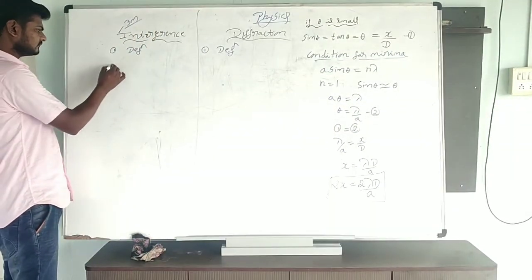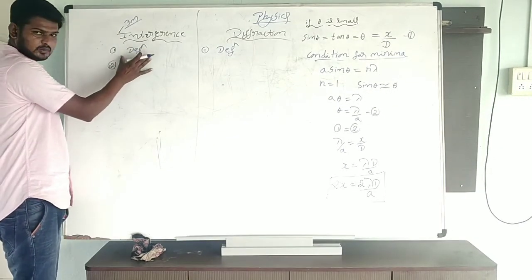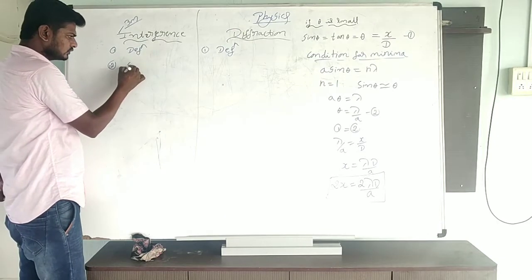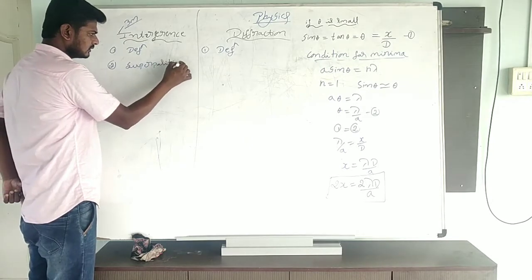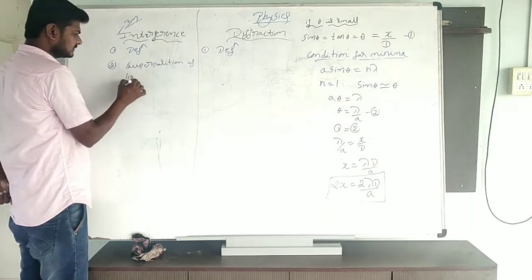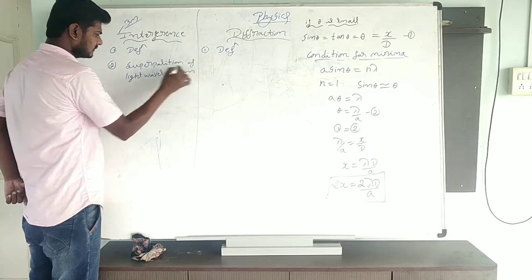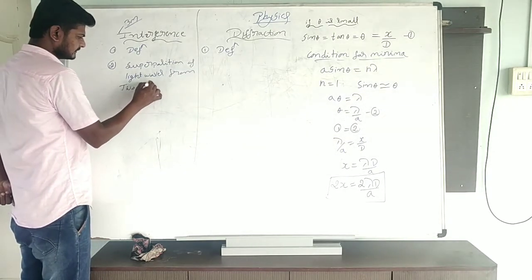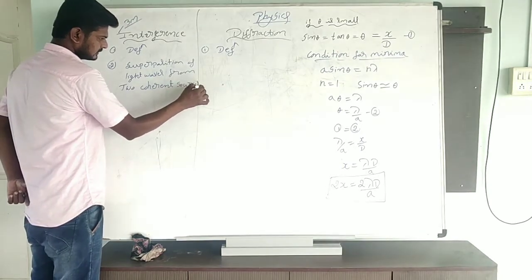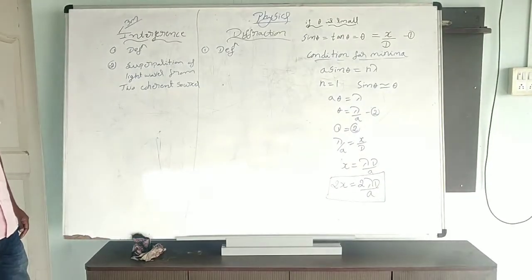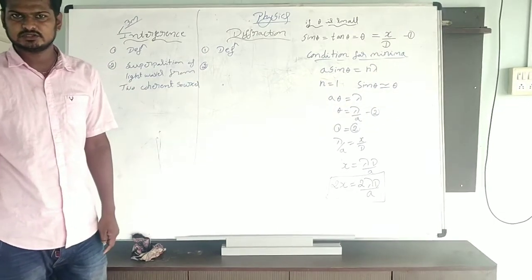Second point. Why will interference occur? It occurs due to superposition of light waves from 2 coherent sources. Why, how will the diffraction occur?